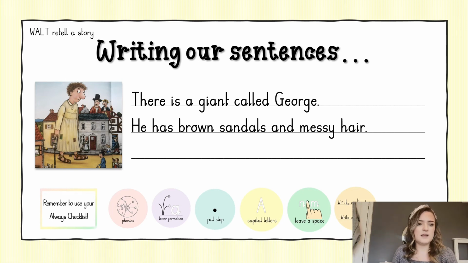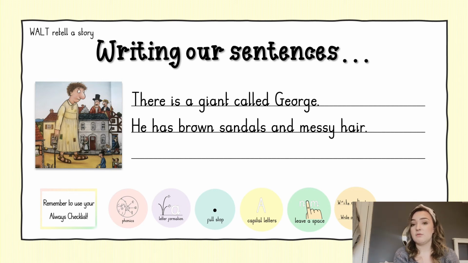Now I'm going to read back what I've written so far just to check that I'm happy with what I've written. So let's see, I've written, there is a giant called George. He has brown sandals and messy hair. Oh, I'm happy with that because I've used some adjectives and I've introduced my character. Right, let's see what I could write next. Now I think I want to let the person reading the story know that this is when he is the most scruffy.